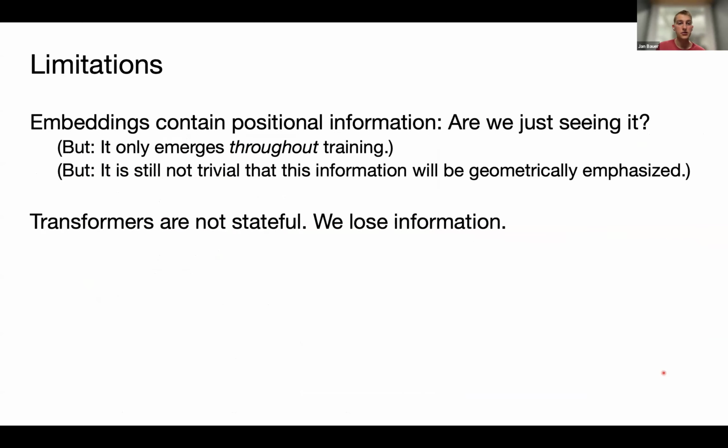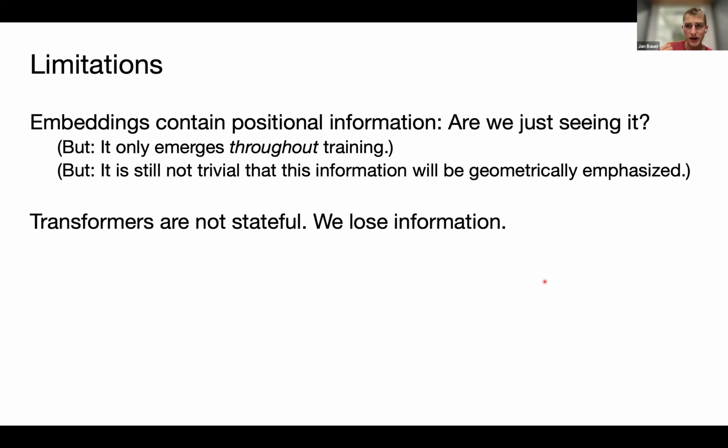All right, so I hope from these plots being super coarse, it was already clear that this approach is very limited and also doesn't work much, but I think there are other caveats to it, and I wanted to mention them here. So one is that embeddings in modern language models contain positional information.